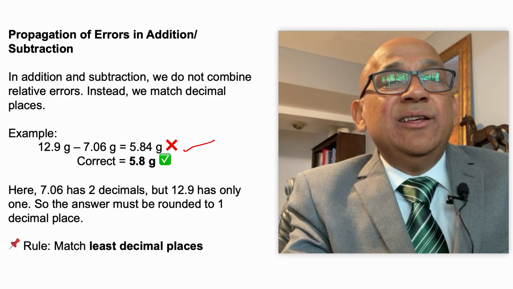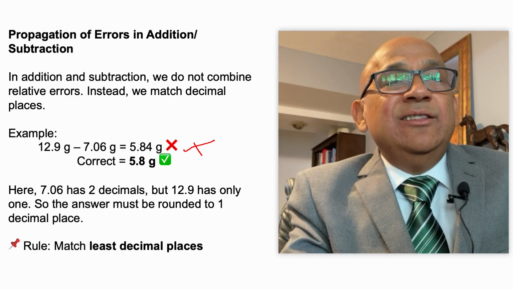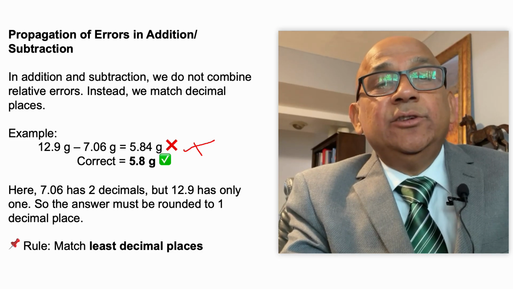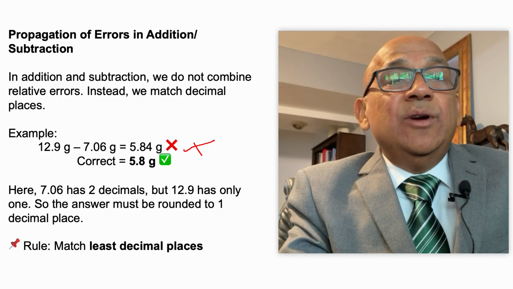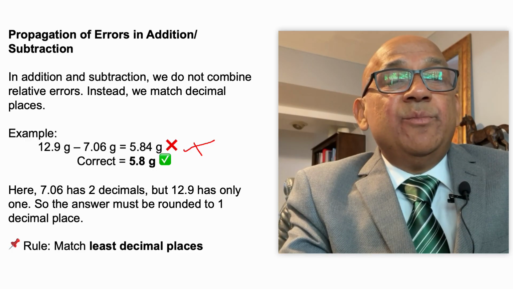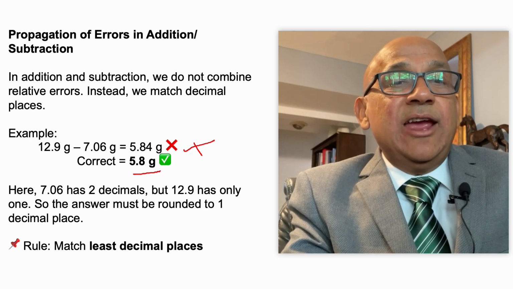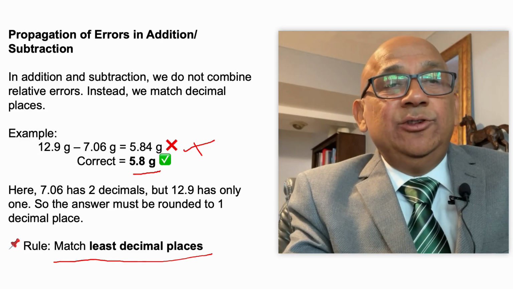If you write 5.84, this will be the wrong way of writing, because in 12.9 there is only one decimal place. So the answer should be rounded to one decimal place. We have already discussed this in a previous slide also. So the number which we will report in the correct format will be 5.8 grams. So the rule is to match the least decimal places.